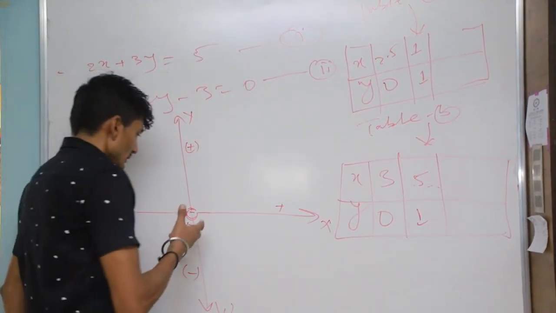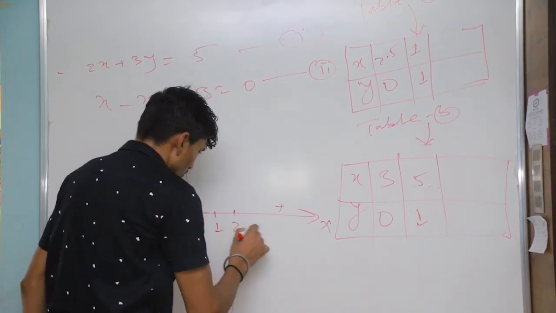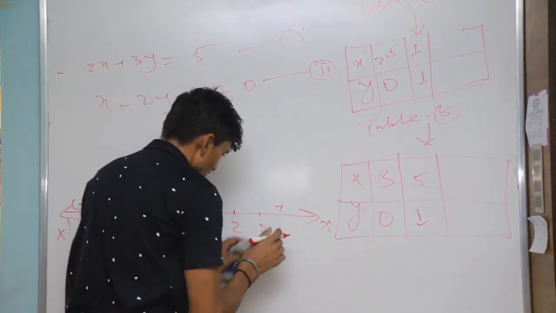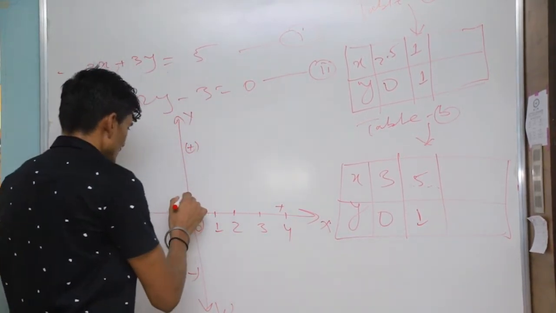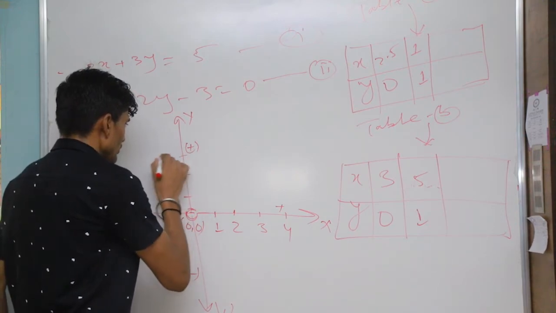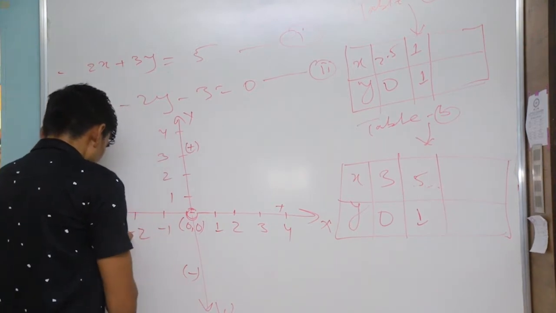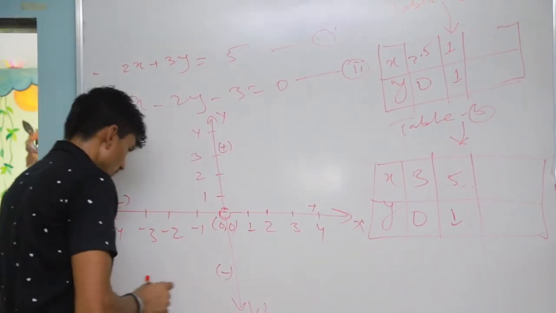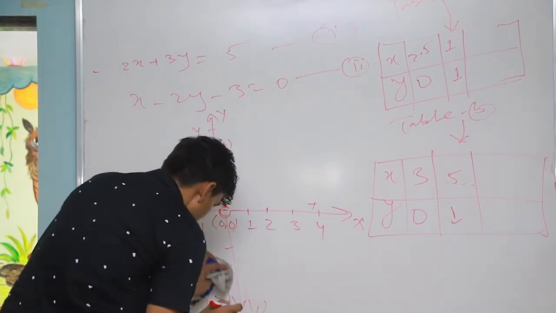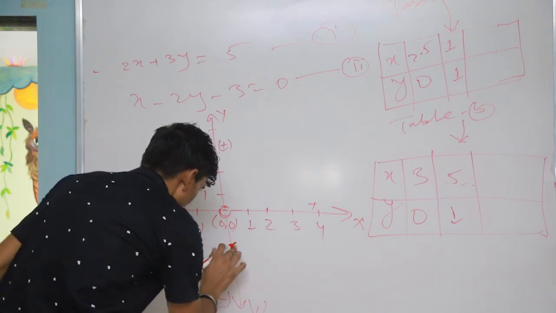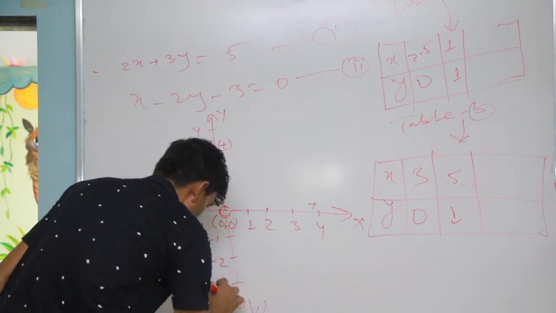So we have to take different values of x and y, 1, 2, 3, 4, like that. Here also 1, 2, 3, 4, here minus 1, minus 2, minus 3, minus 4, and here also minus 1, minus 2, minus 3, like that.